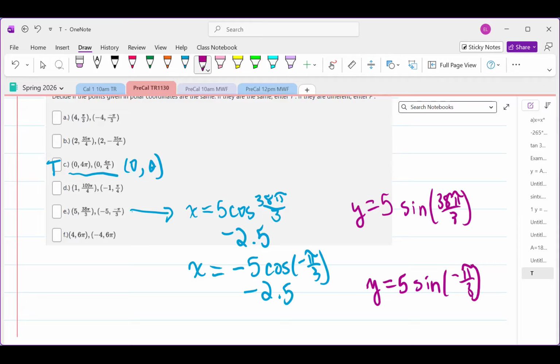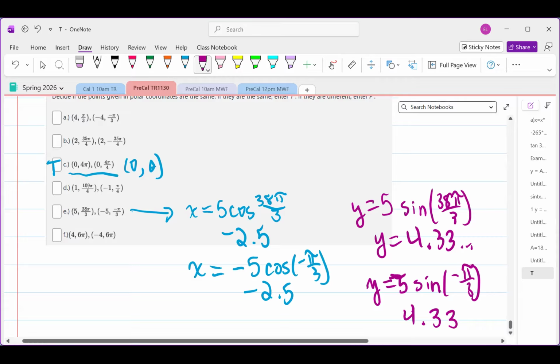So 5 sine 38 pi divided by 3 gives .33 and so on. And then negative 5 sine negative pi over 3. And I do get the same positive 4.33. All right, so that one is true.